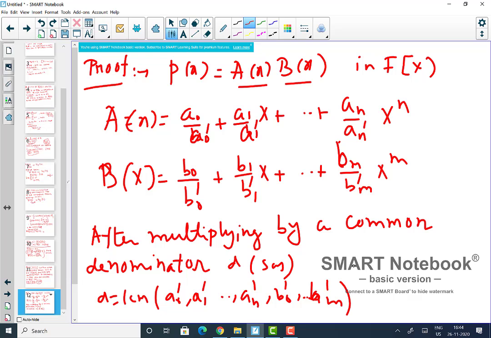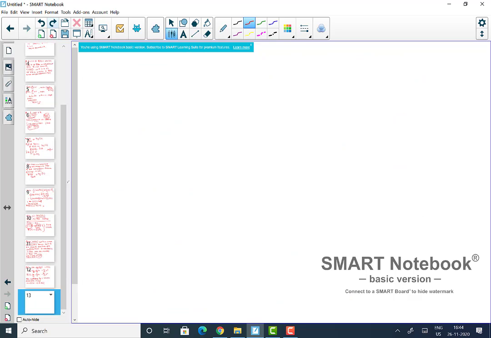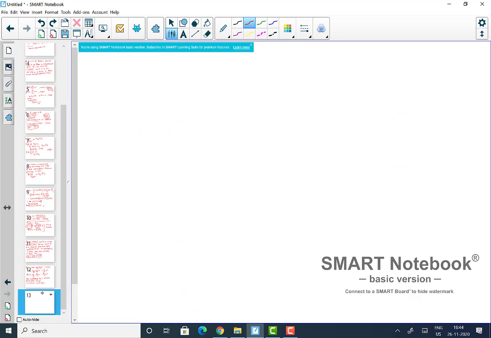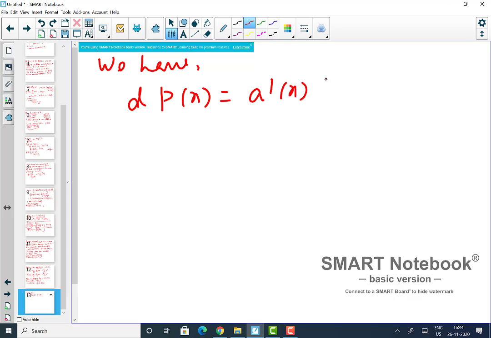This is one example I'm showing with LCM. It can be any multiple. Then what happens? We have d times p(x) equal to some new polynomial a dash x times b dash x.